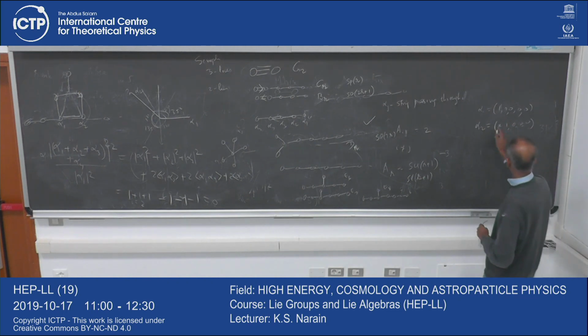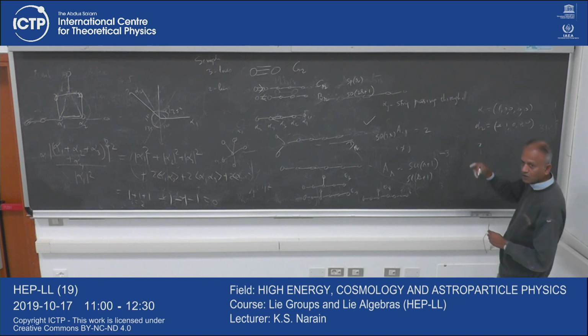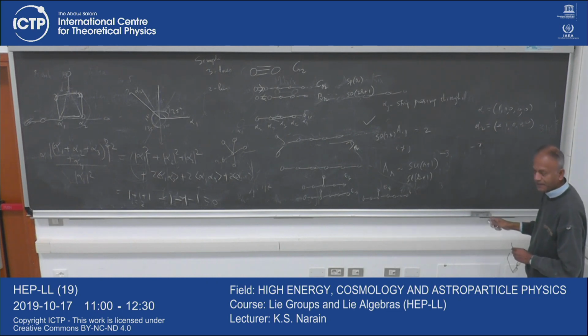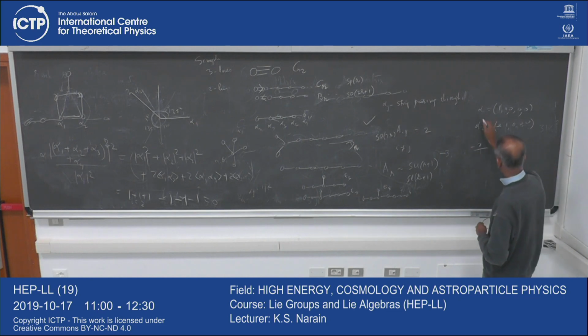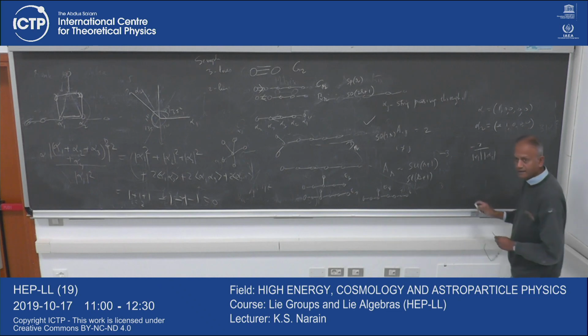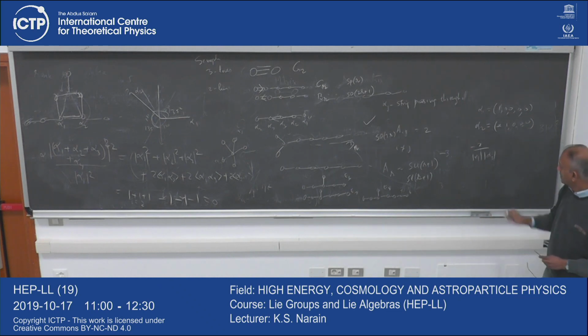So the dot product alpha 1 dot alpha 2 is minus x, where x is positive. Minus x divided by the length of alpha 1 times the length of alpha 2 will be the cosine, and that's supposed to be equal to minus half, because it's 120 degrees.